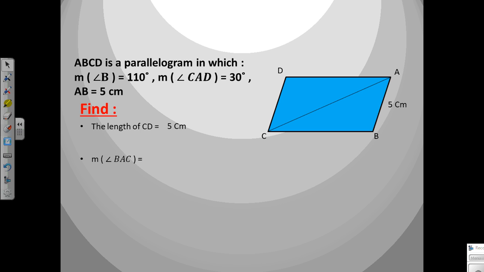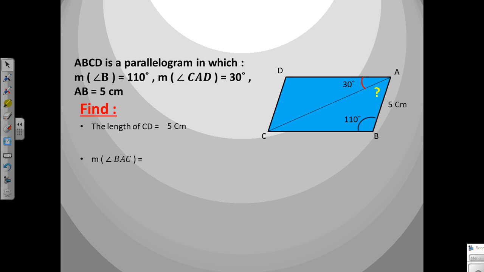Okay, what about measure angle BAC? As we know that measure angle B equals 110 and measure angle CAD equals 30 degrees, and of course we know that each two consecutive angles, the sum of them equals 180.